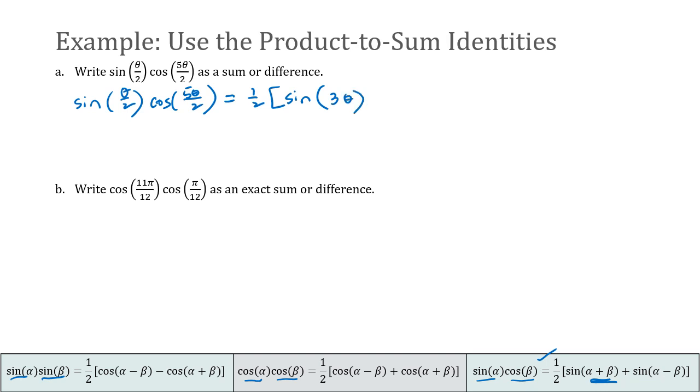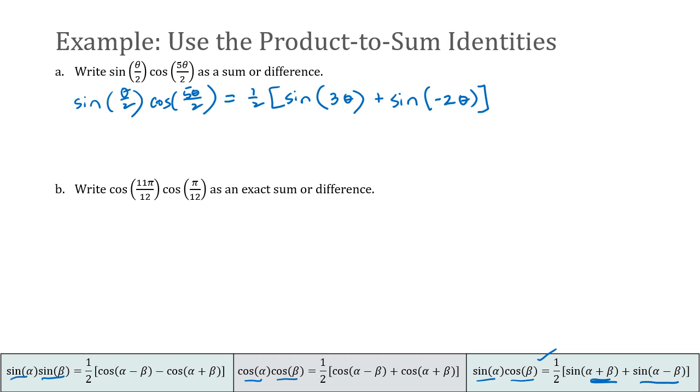I'm saying that out loud instead of writing it all down because I'm conserving my space. The second piece is the sine of the difference. What is theta over 2 minus 5 theta over 2? That's negative 4 theta over 2, and if I do that division, I get negative 2 theta. Do this on your own. Maybe pause the video and double check that you agree with what I've done. All right, is there anything else I can do?